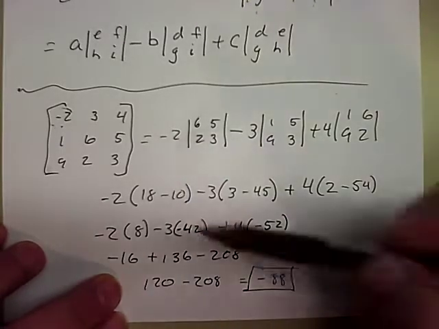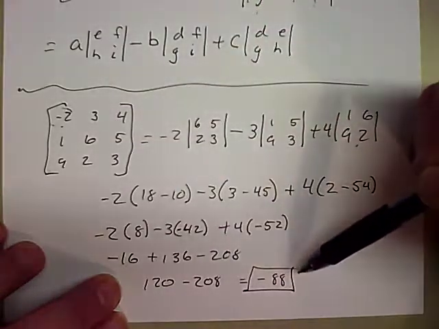So the determinant of this 3 by 3 matrix is negative 88.